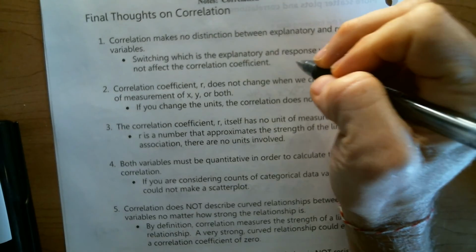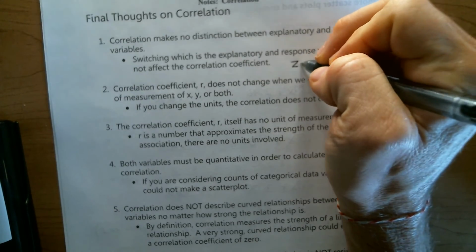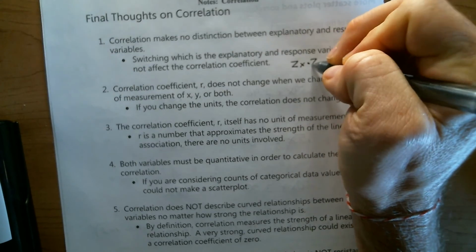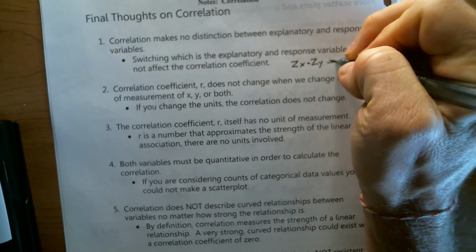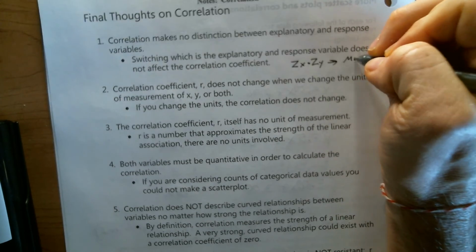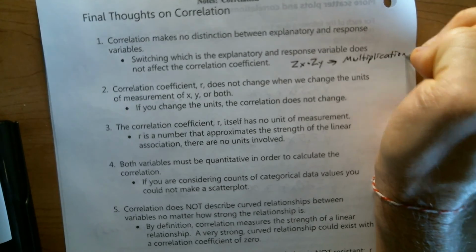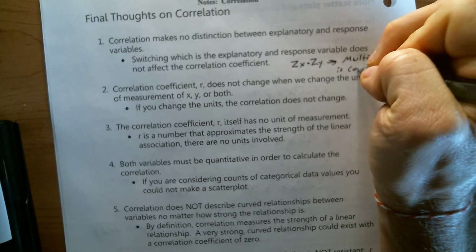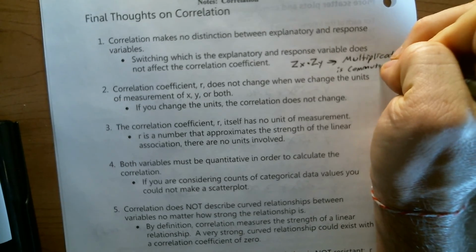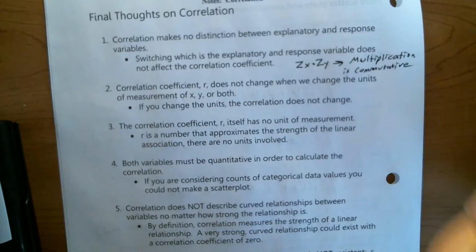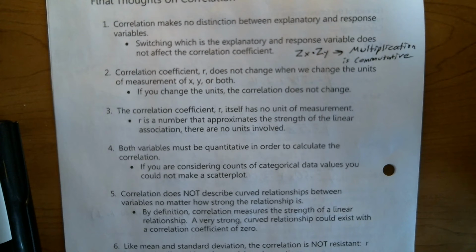Yes, it does, because correlation is the average of Zx times Zy, and multiplication is commutative, which means the order doesn't matter. So if I goof up X and Y, it's still going to give me the same correlation.